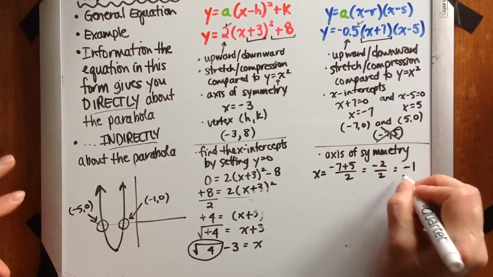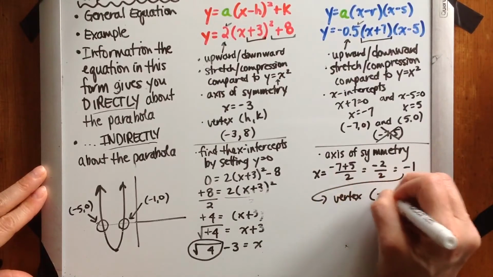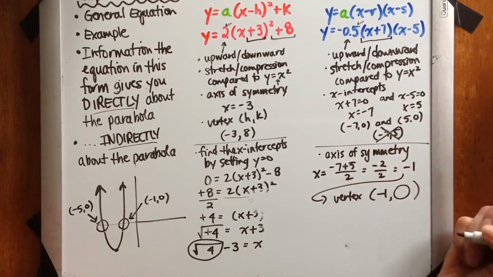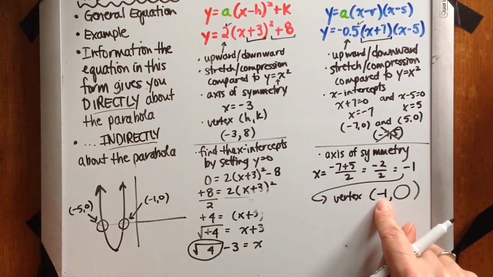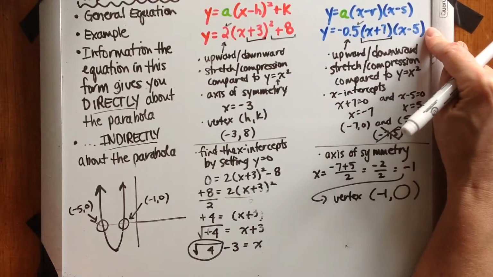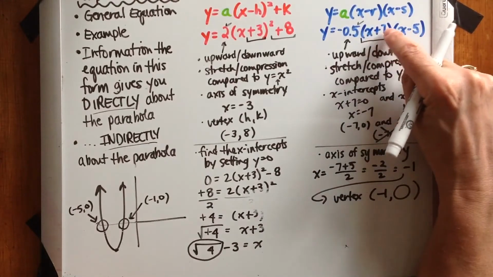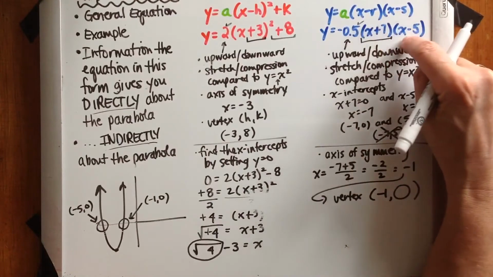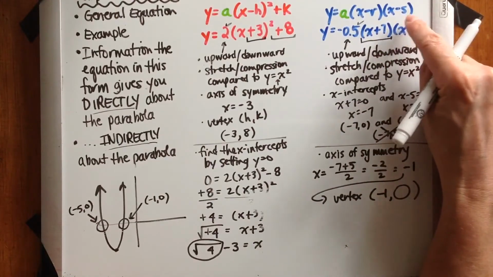If we know that, we therefore know that the coordinates of the vertex are negative 1, something. How do we find that something? Well, we put that value of negative 1 into the equation to find that something. So negative 1 plus 7 means this would be 6. Negative 1 here minus 5 means this would be negative 6.